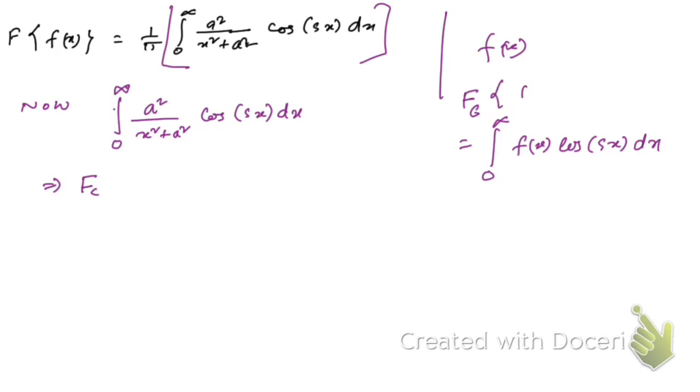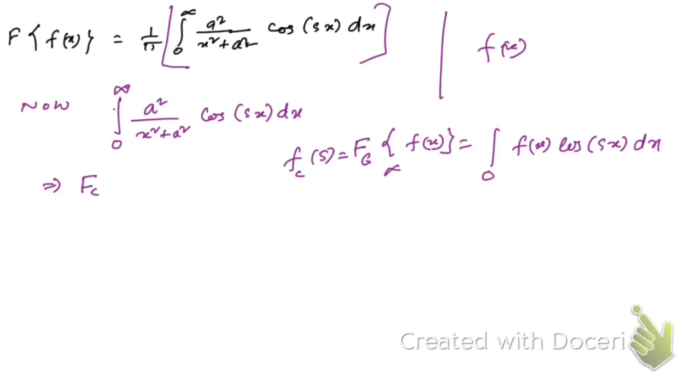Cosine transformation of small f of x. So let me represent it by small fc of s. This is the Fourier cosine transformation of the given function.